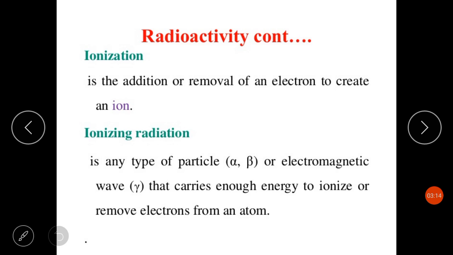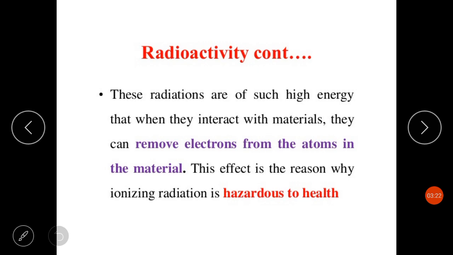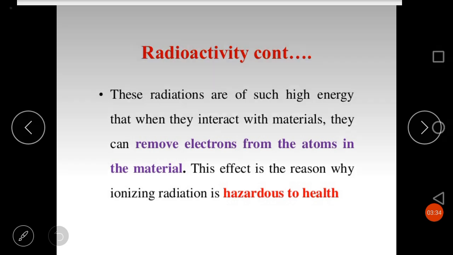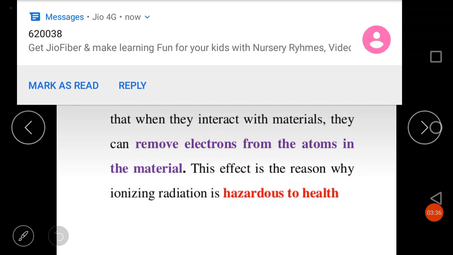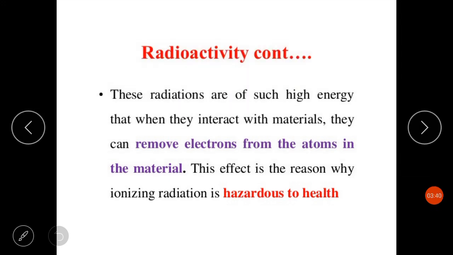Now, what will happen when alpha, beta, gamma radiations encounter living cells? It can cause heating, break chemical bonds or ionize molecules. The most serious biological damage results when these radioactive emissions fragment or ionize molecules.